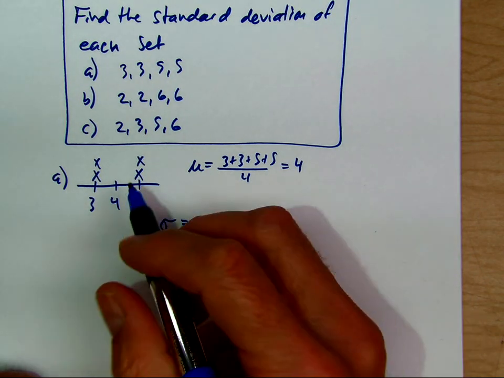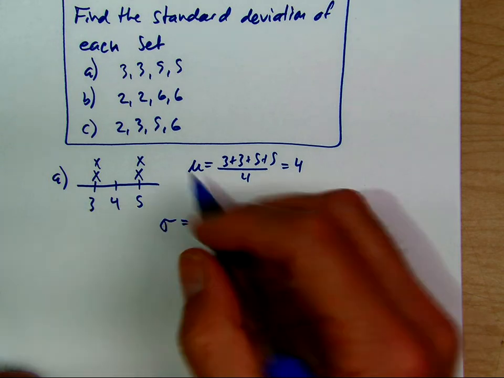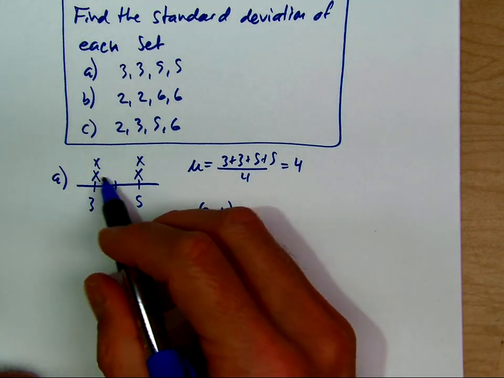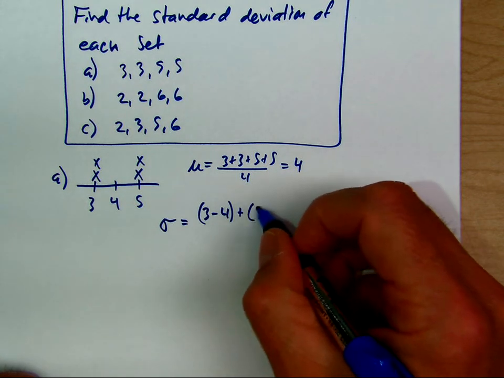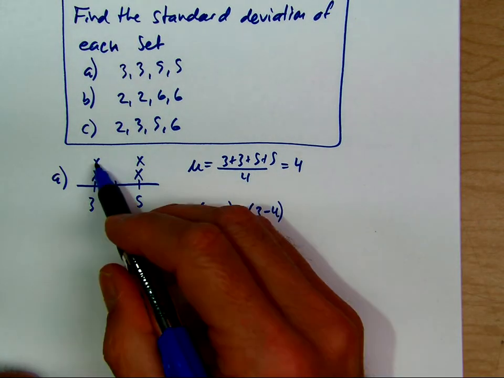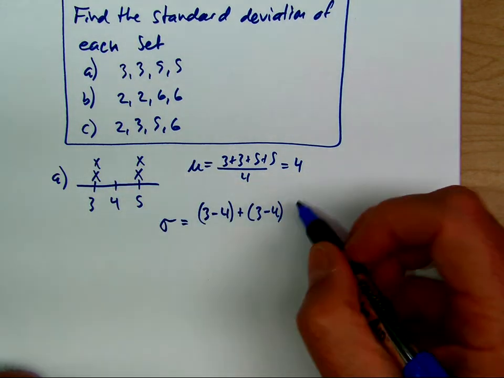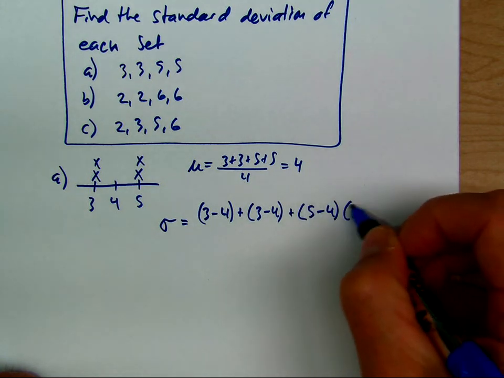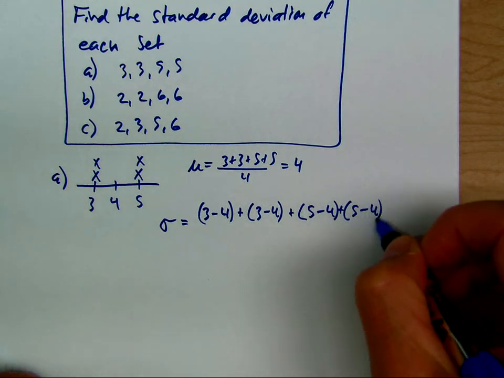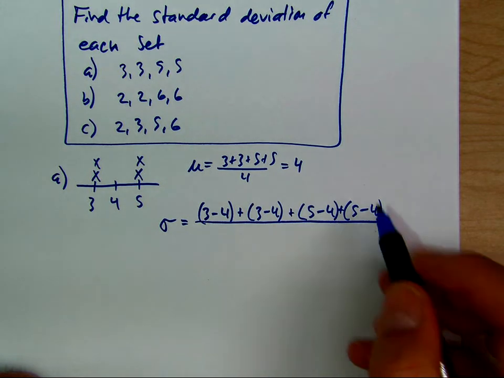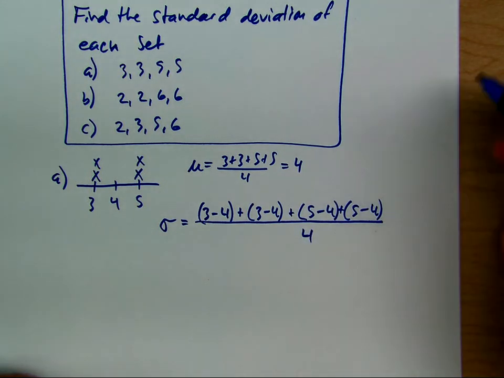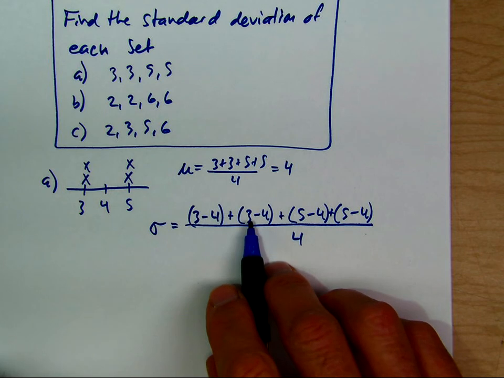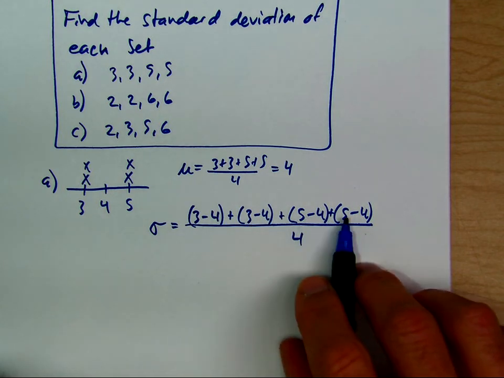We're going to go 3 minus 4, because that shows the distance of that value, and then we'll do 3 minus 4, so that's the distance of that value away from the mean, and then we'll have 5 minus 4, 5 minus 4, divided by 4. If we do this, this is going to be negative 1 plus negative 1 plus positive 1 plus positive 1, and we get a 0.